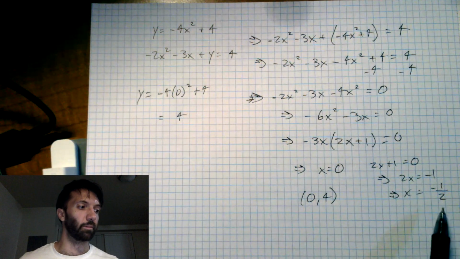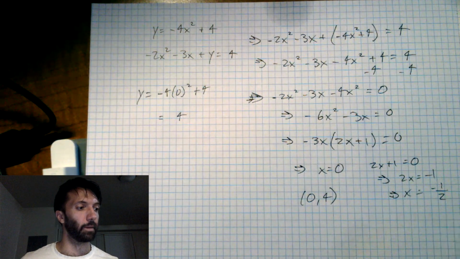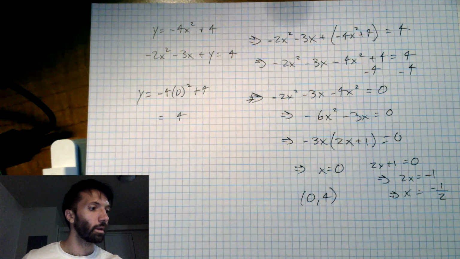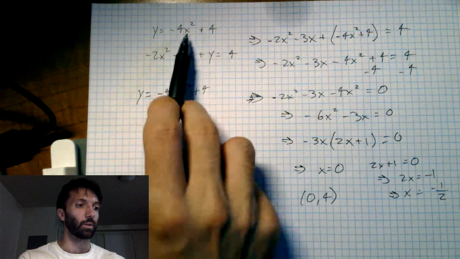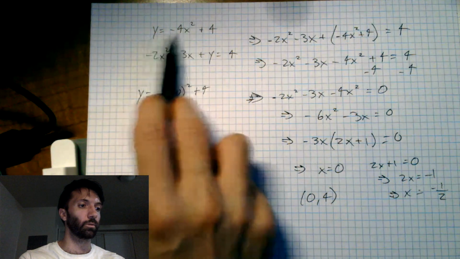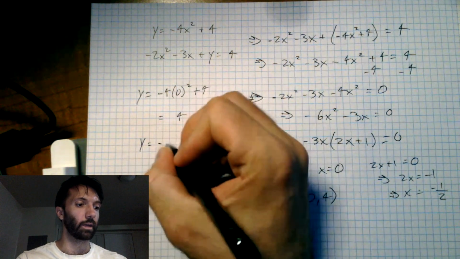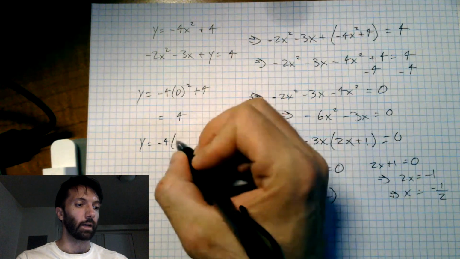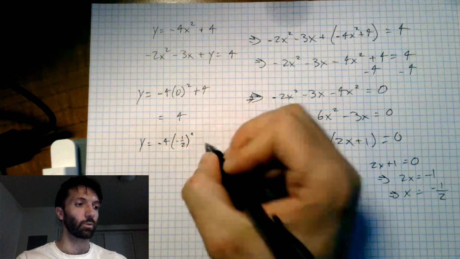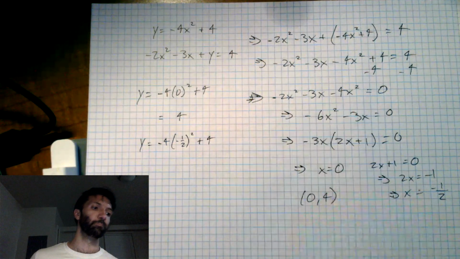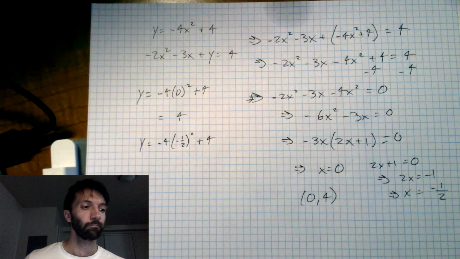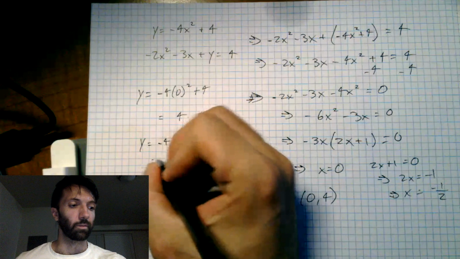And then I'll do the same thing with negative 1/2 here. So I'll substitute negative 1/2 into this top equation. So we have y equals negative 4 times negative 1/2 squared plus 4. All right, and we'll simplify this down.